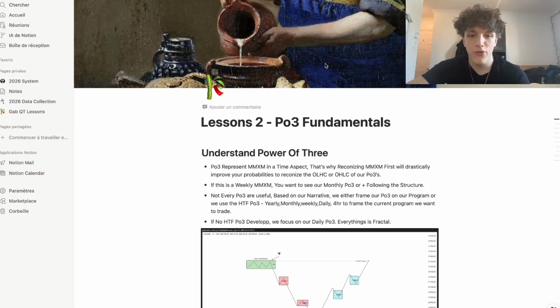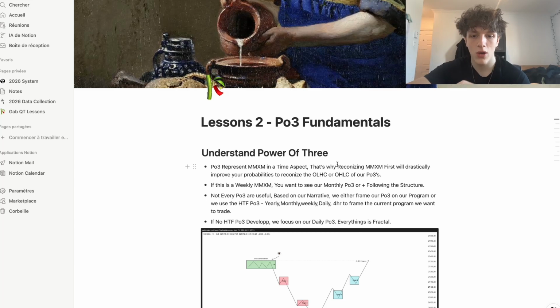Not every Power of 3 is useful. Based on our narrative, we either frame our Power of 3s on our program, or we use the higher time frame Power of 3s, yearly, monthly, weekly, daily, 4-hour, to frame the current program we want to trade. What I mean by that is pretty simple. Some Power of 3s will completely neglect the higher time frame narrative.